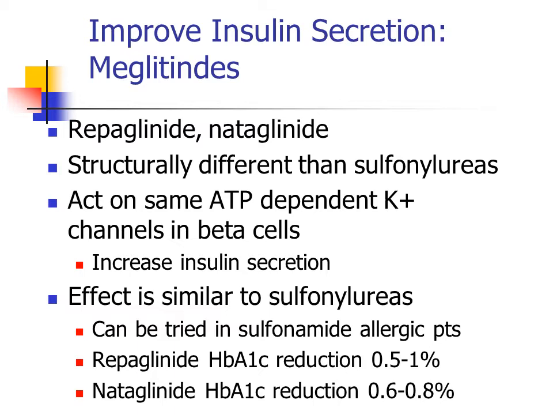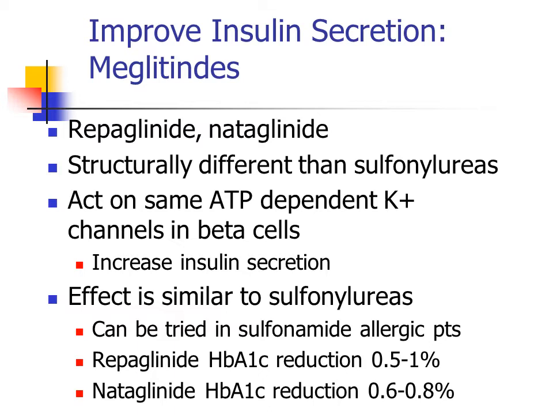So for this reason, you can see that you do again assume that the patient has basal pancreatic function. If you don't have that, these agents aren't going to do your patient any good. Their effect is similar to that of sulfonylureas, and they can be tried in those patients with severe sulfonamide allergies. Since there's no sulfa component, we're not at all worried about cross-sensitivity.